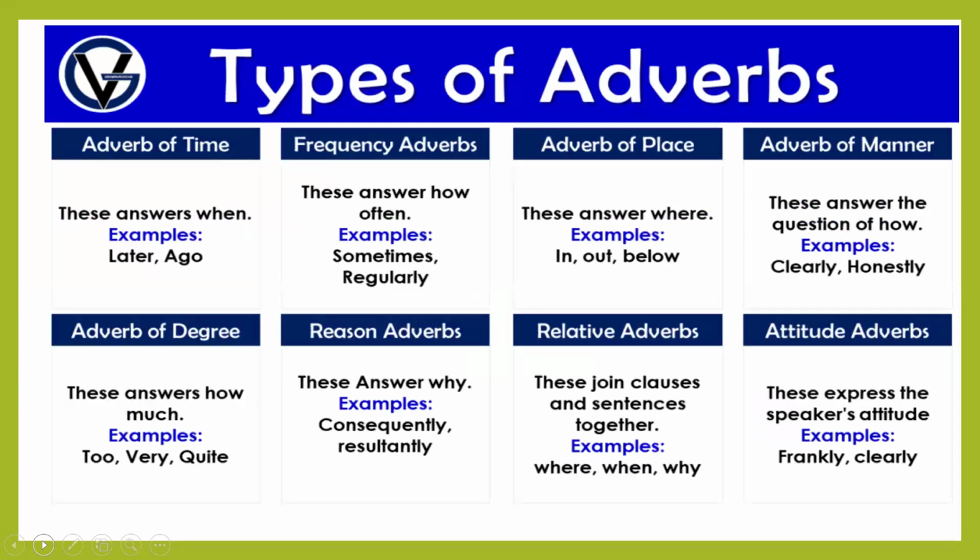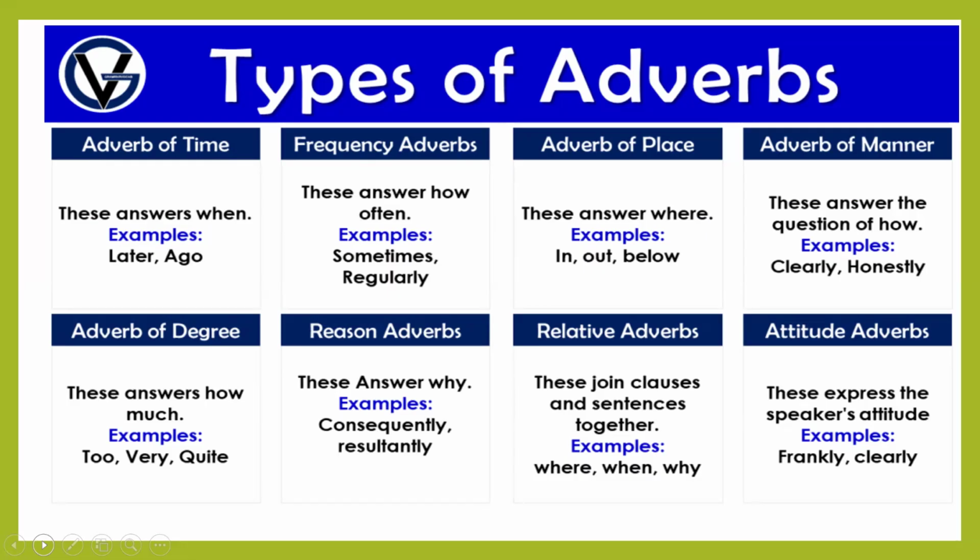Types of adverbs: time, frequency, place, manner, degree, reason, relative adverbs, attitude adverbs, and linking adverbs, which are known as conjunctive adverbs. Adverbs of time answer when. Frequency answers how often, for example sometimes, regularly.